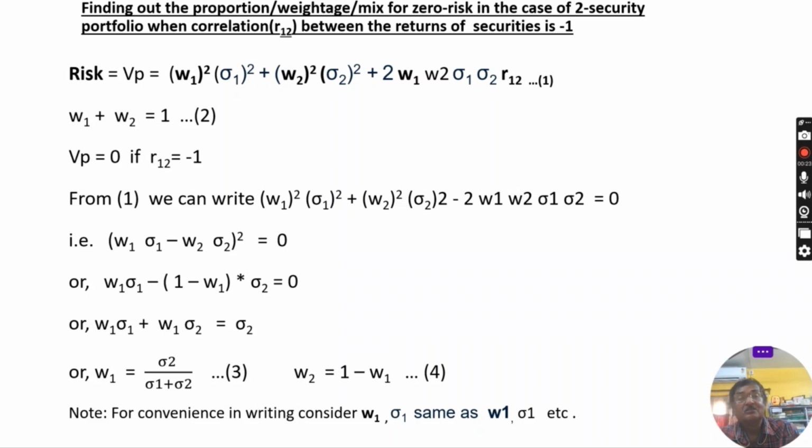Earlier I discussed through empirical data that the risk could be even reduced to zero when the correlation coefficient between the returns of the two securities is -1.